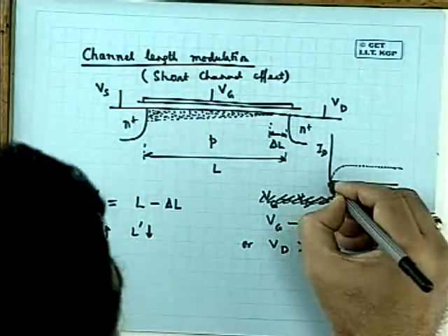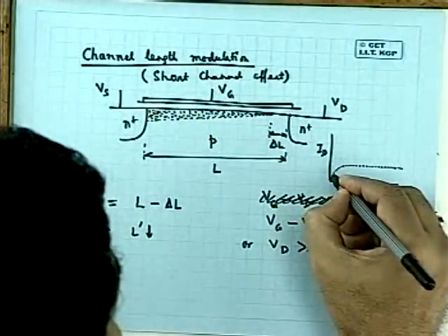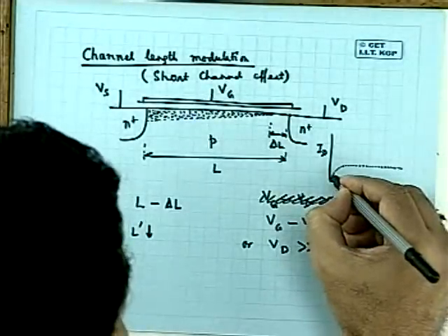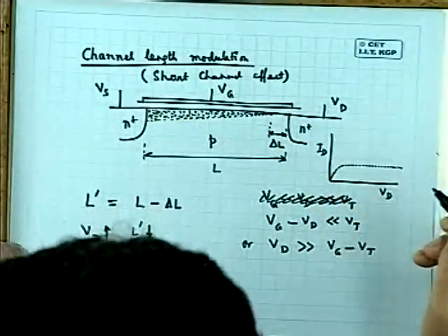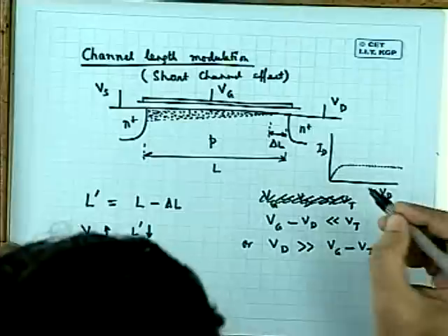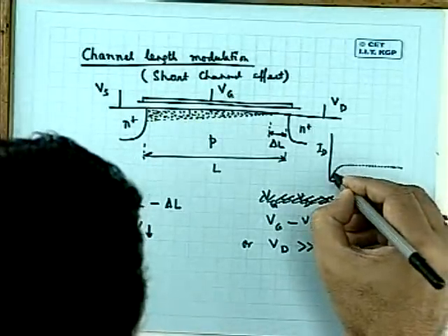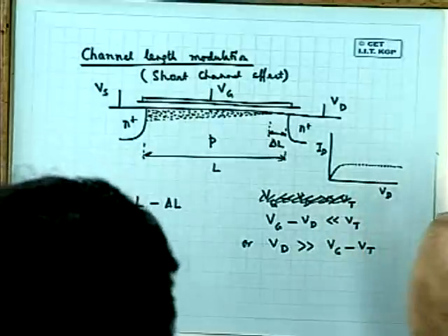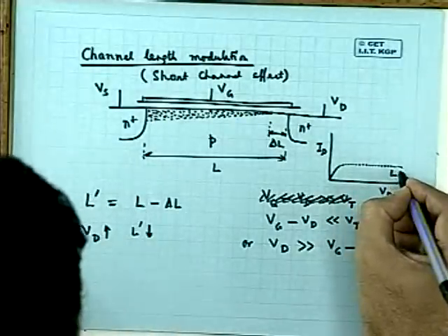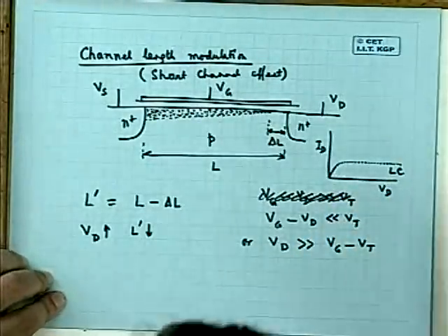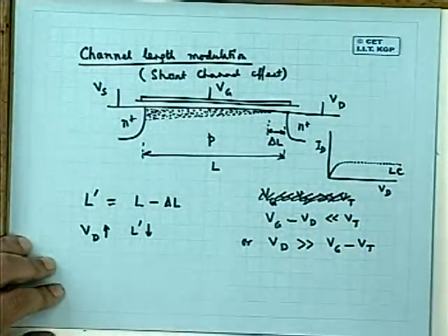For the short channel case, the curve for the same gate bias. This curve is for long channel, the ID-VD characteristics for long channel.